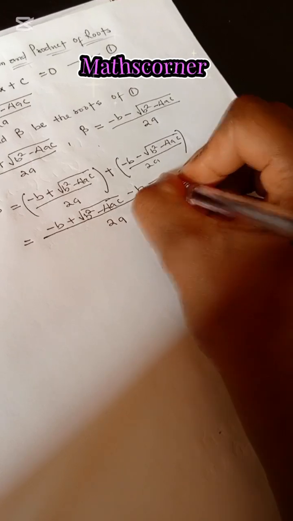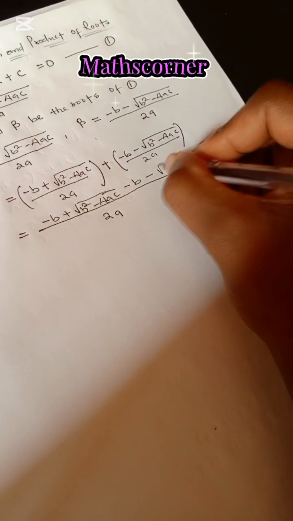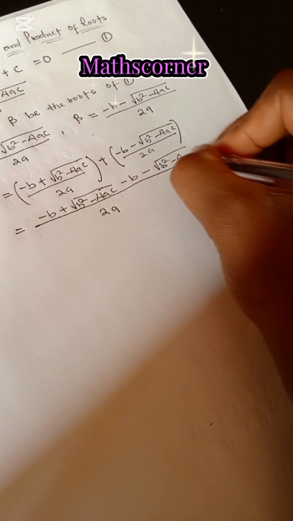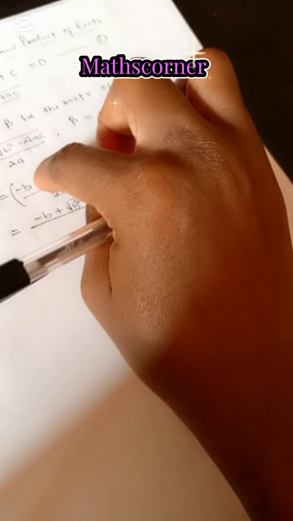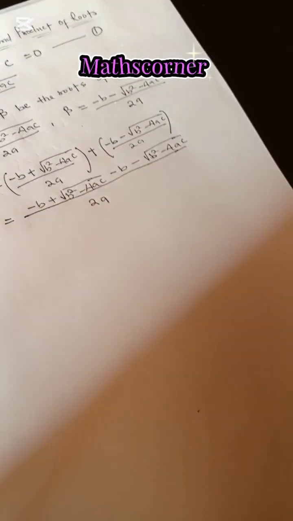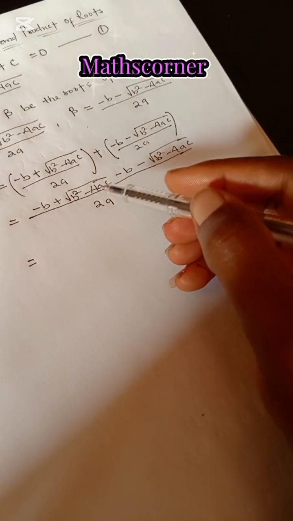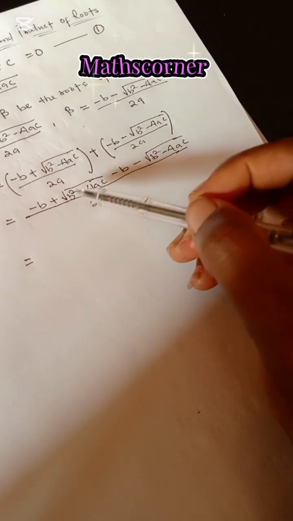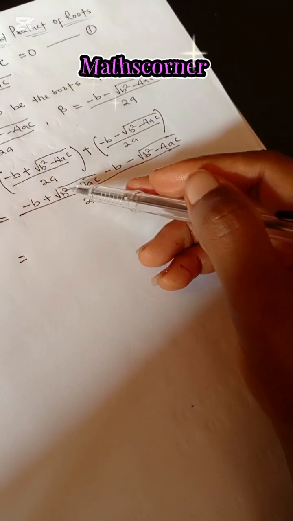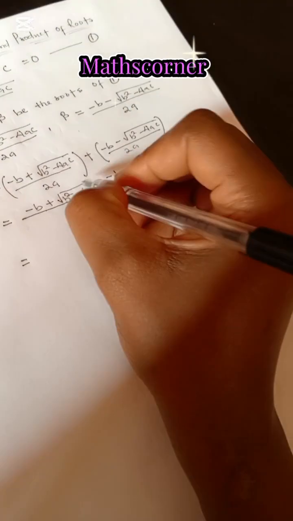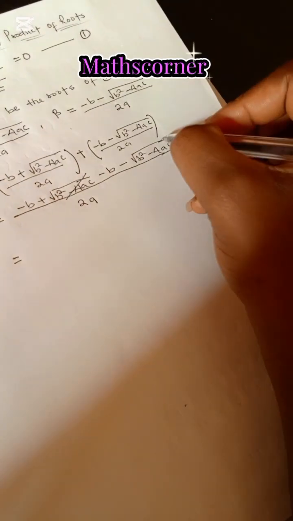Minus b minus... There's no magic here. I just brought down everything that is here. So this is equal to, this is a positive square root of b squared minus 4ac, and this is a negative square root of b squared minus 4ac, so they cancel out.